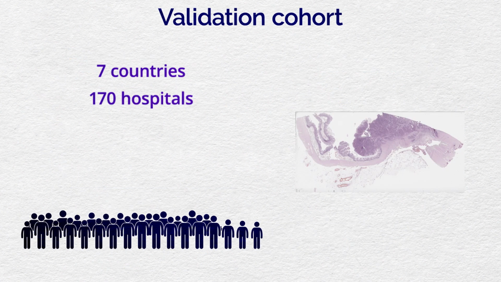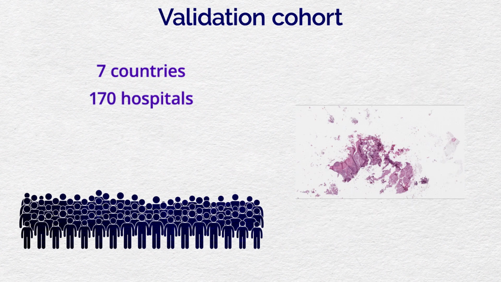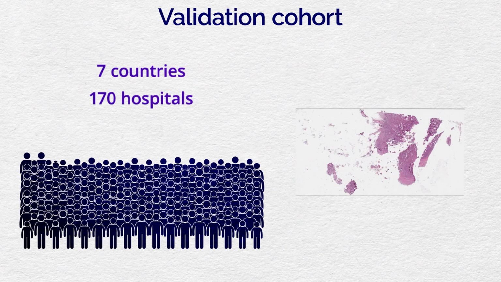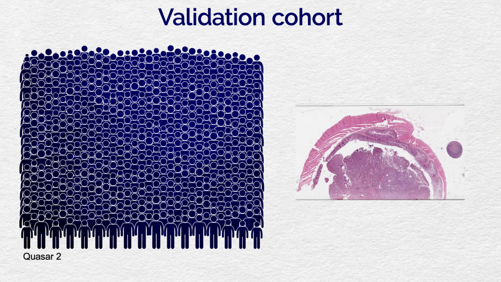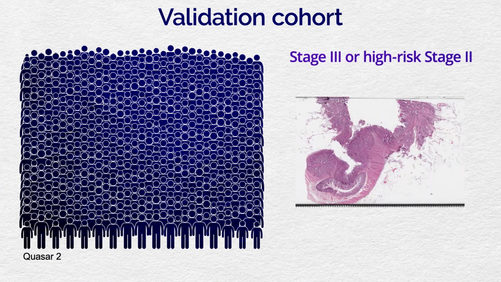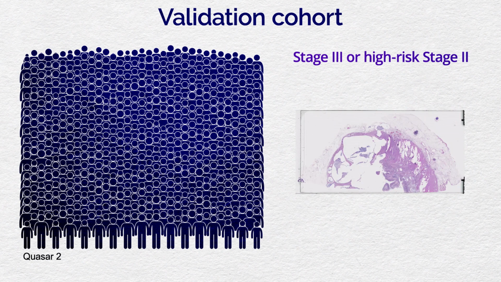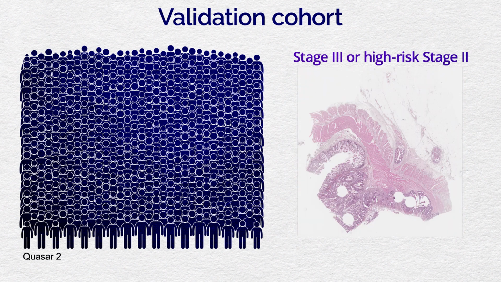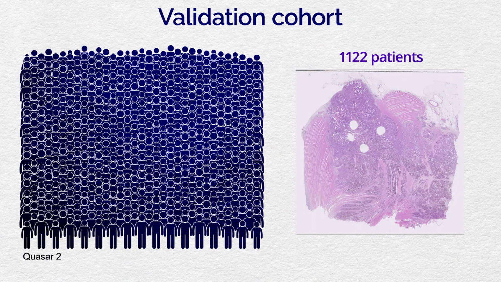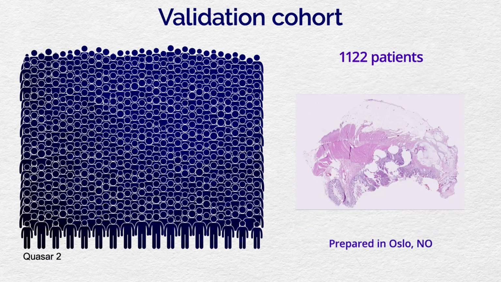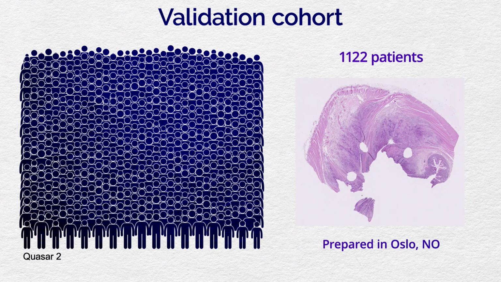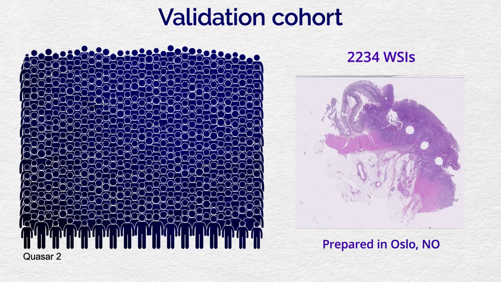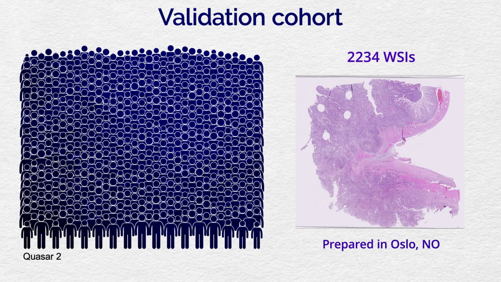We then independently validated the marker in a cohort of patients from 170 hospitals in 7 countries, recruited to the Quasar-2 trial. These patients had Stage 3 or high-risk Stage 2 colorectal cancer. Slides from 1,122 patients were prepared in Oslo and scanned using the 2 scanners, resulting in 2,234 whole slide images.